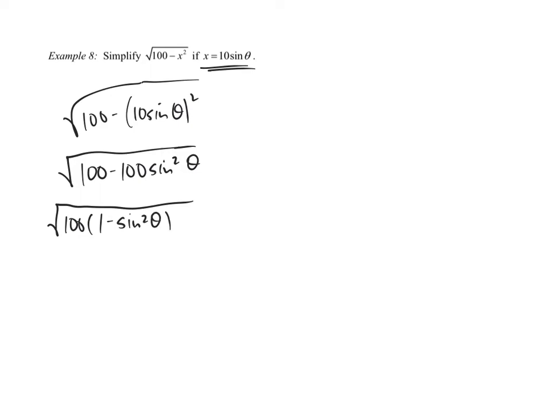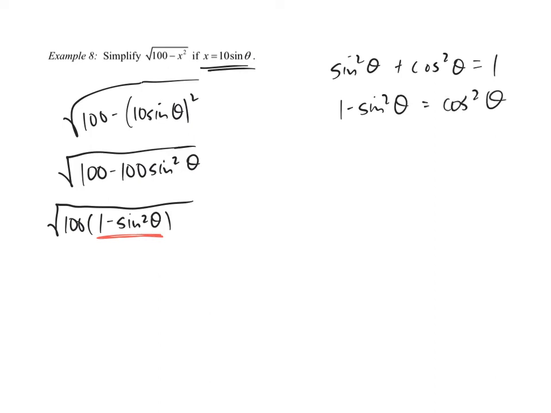Now, this might not immediately jump out to you at this moment, but hopefully as we go forward with these trig identities, you'll start to recognize some things pretty quickly. But this parentheses is now a nice identity. So remember, we know that sine squared theta plus cosine squared theta is equal to 1. That means that 1 minus sine squared theta is equal to cosine squared of theta if I just subtract over the sine part of this.